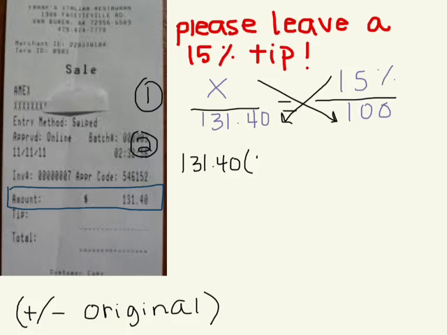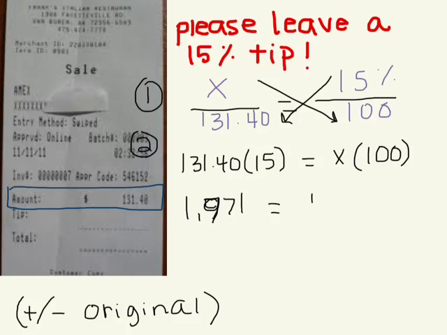So I have 131.40 times 15 is equal to x times 100. So Miss Lemon's going to use her calculator for this one. 131.40 times 15 is 1,971, which is equal to 100x.